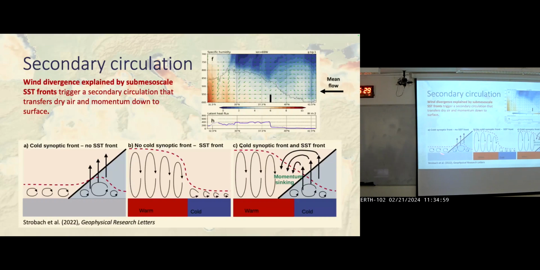But if we have both of them together, so this cold front crosses the SST front, we get upward motion, but because of the wind divergence at the surface, we also get downward motion, and this downward motion brings dry air and momentum into the surface. That's what we call a secondary circulation.